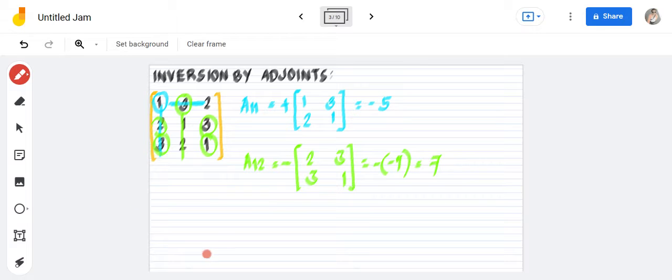And then we'll have A13, that's positive. So we'll have 2, 3, 1, 2. We get 4 minus 3, and that's equal to positive 1.